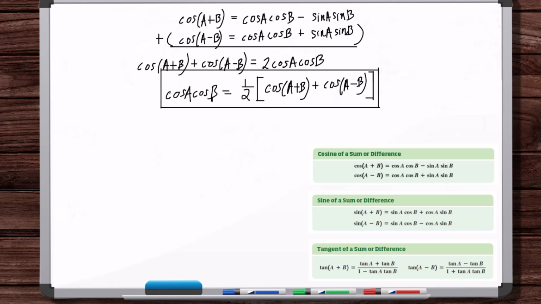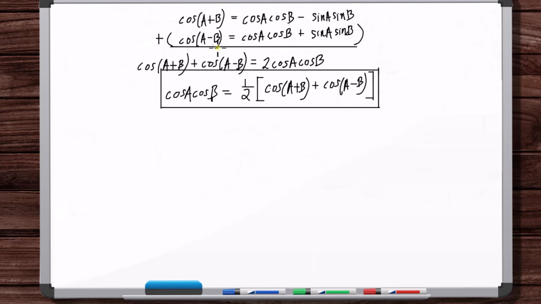Now if we subtract these two, actually let's subtract cosine of A plus B from cosine of A minus B. I'll rewrite it. The signs will work out better in this case.